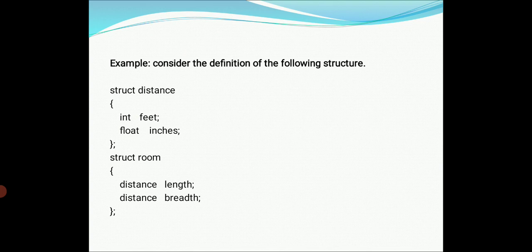So distance is structure 1. Here in our example, the nested structure, the room structure contains distance, which is one structure defined within another structure called room. This is a general example.